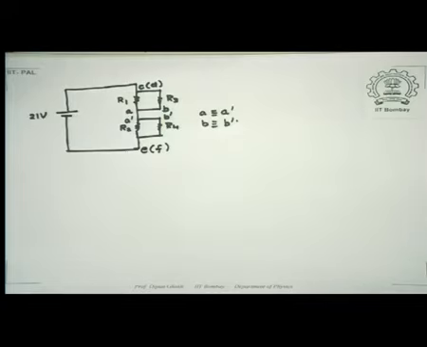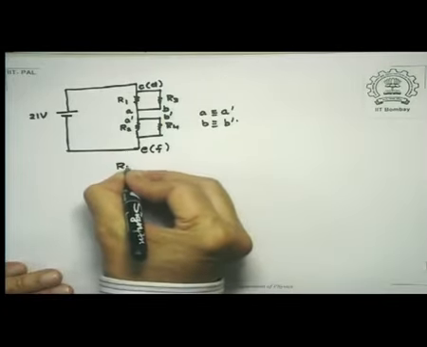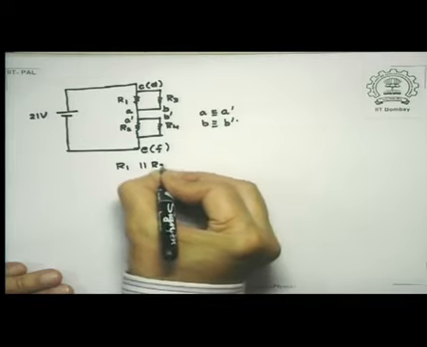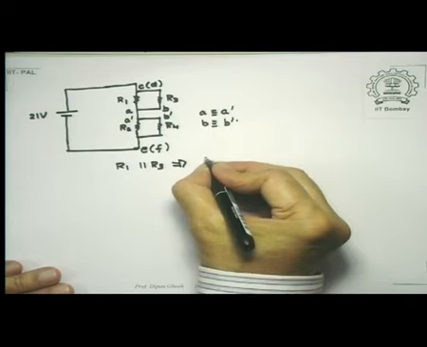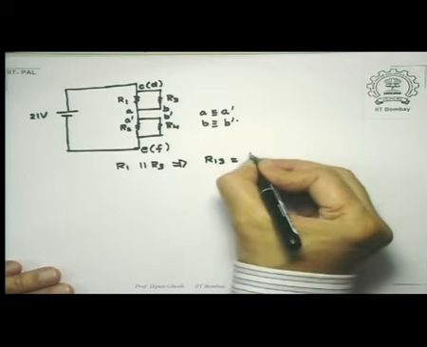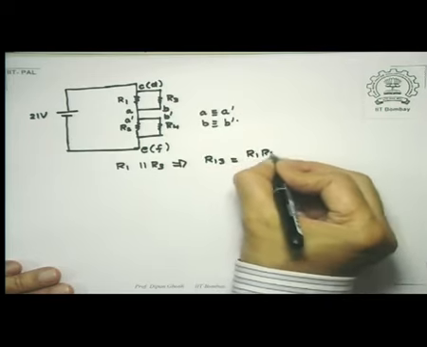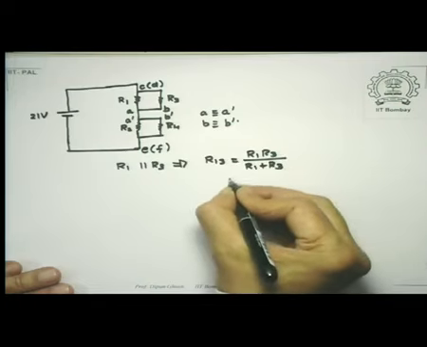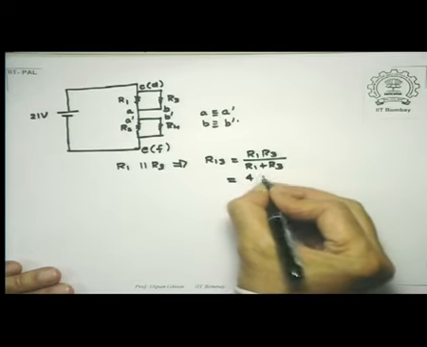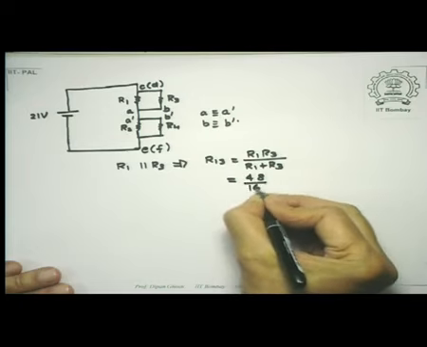So since R1 is parallel to R3, my resultant R13 is equal to R1 R3 divided by R1 plus R3, and that's equal to 48 divided by 16, that's equal to 3 ohms.